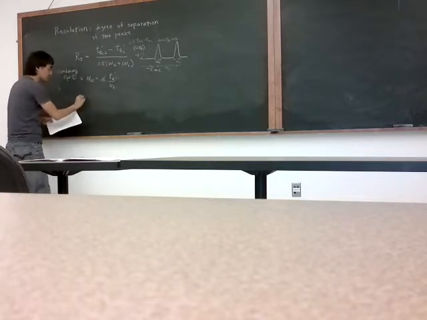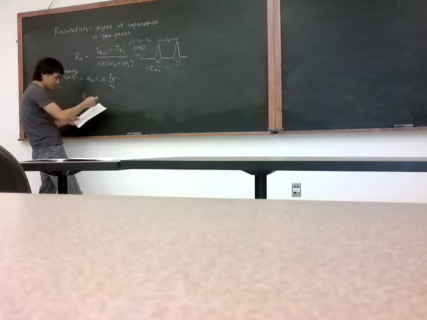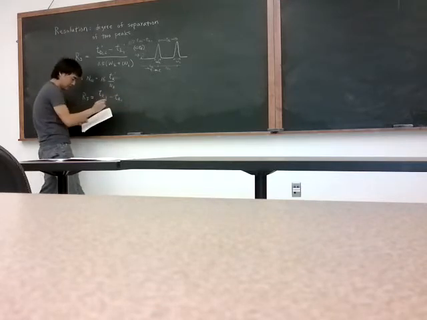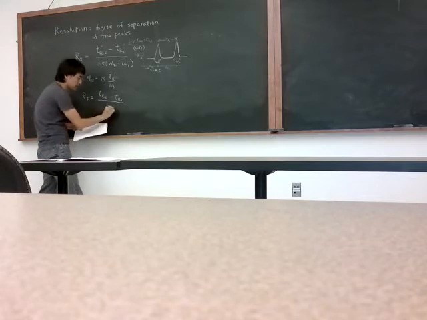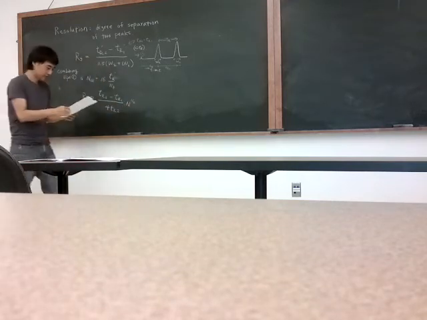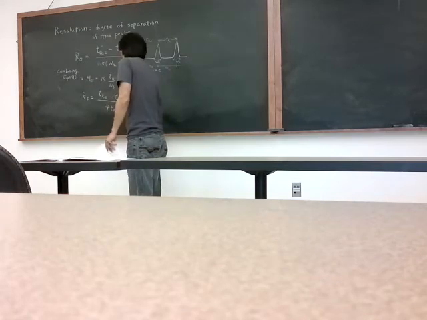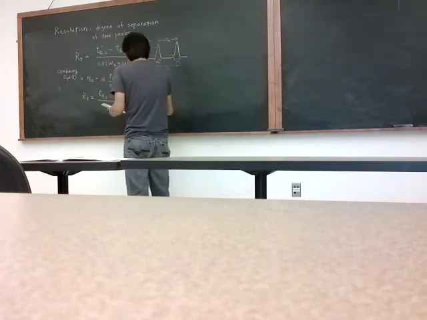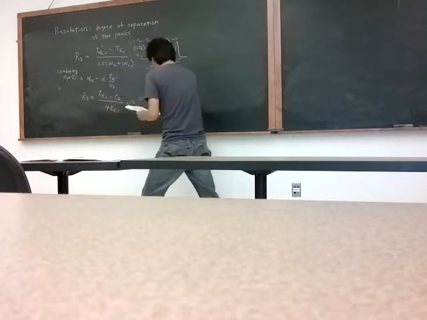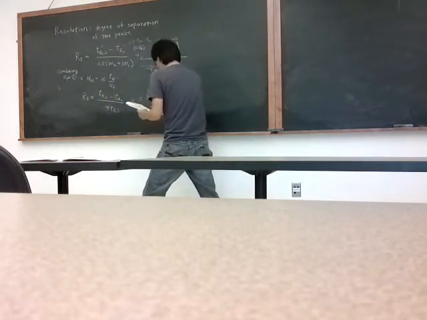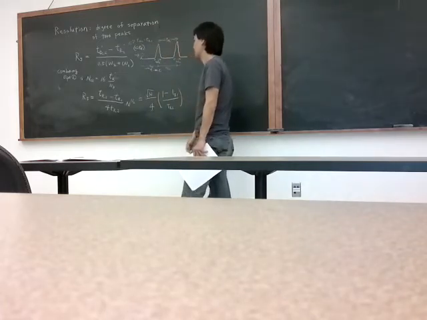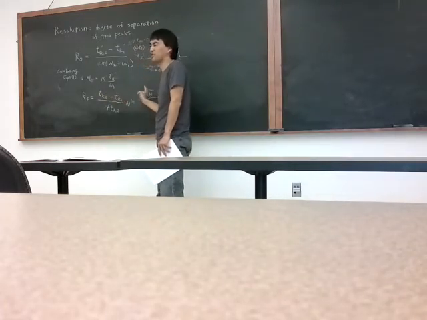Then resolution is equal to TR2 minus TR1 over 4 times TR2 times the square root of N, which is equal to the square root of N over 4 times 1 minus TR1 over TR2. Again, for the sake of simplicity, I'm just not putting prime here, but it's the same thing.